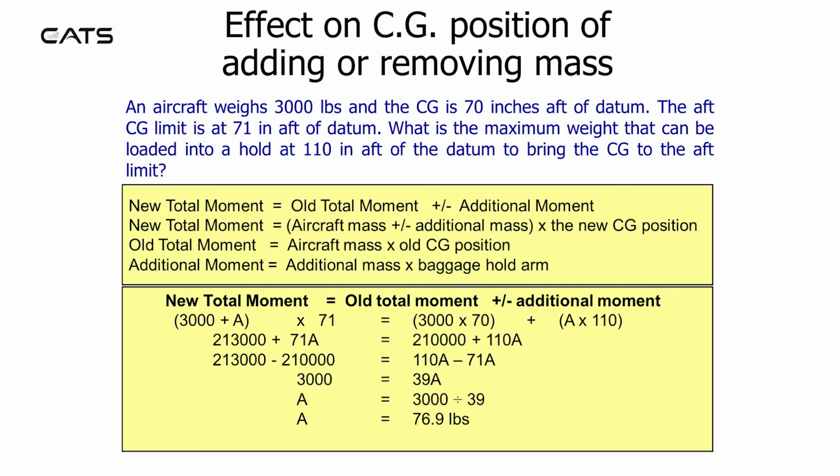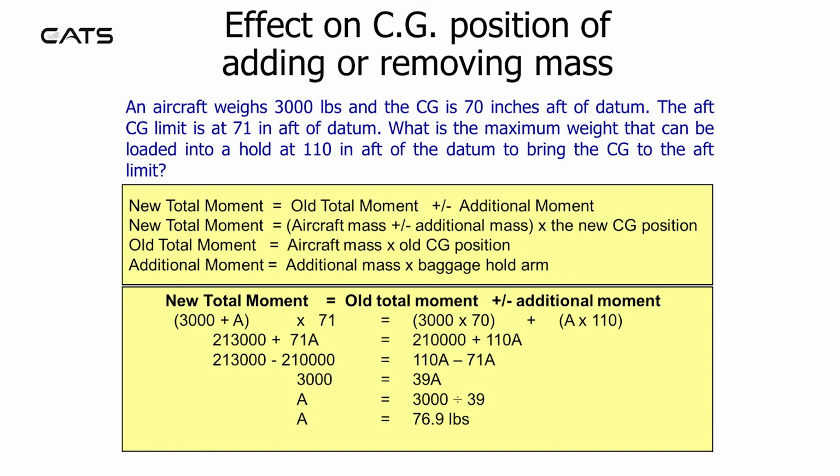That will be 3,000 plus A multiplied by 71. 3,000 times 70 plus A times 110. This becomes 213,000 plus 71A equals 210,000 plus 110A.